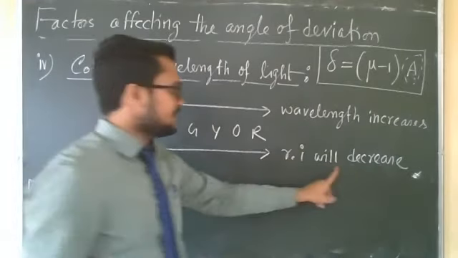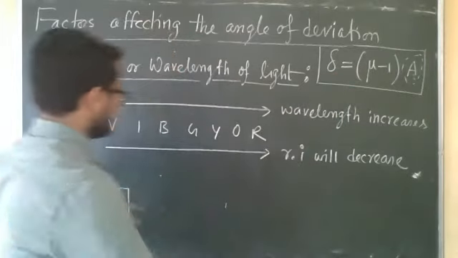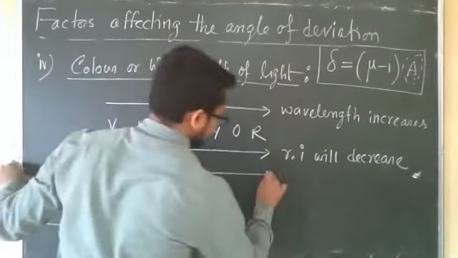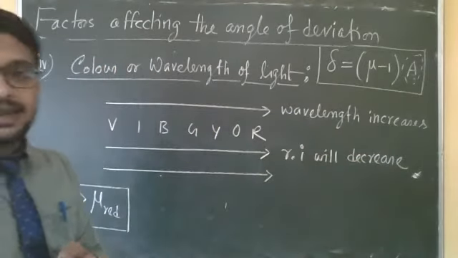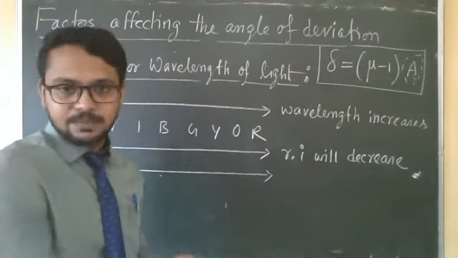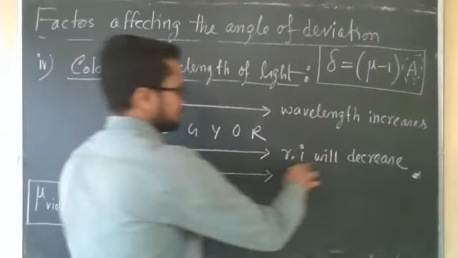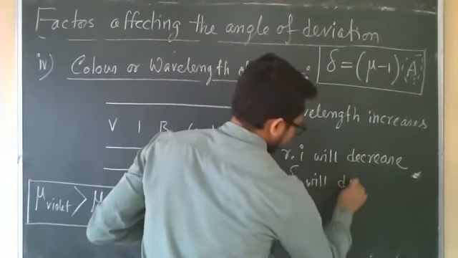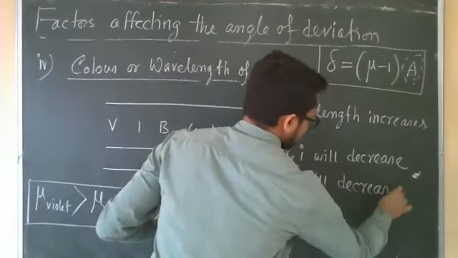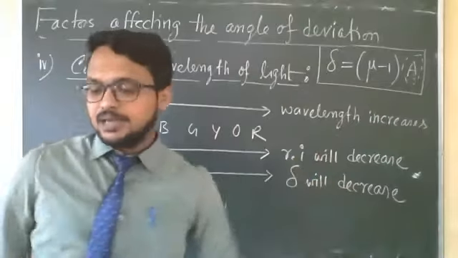Now refractive index is decreasing in this direction. In the second point, we had seen that delta increases with the increase of refractive index. Then delta will decrease with the decrease of refractive index. That means if we go in this direction, violet to red, then delta will decrease.